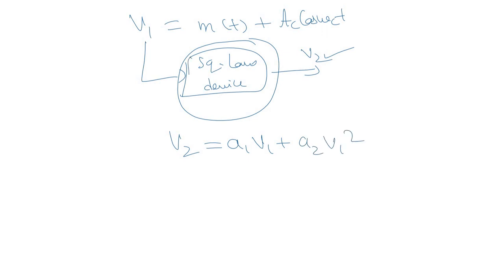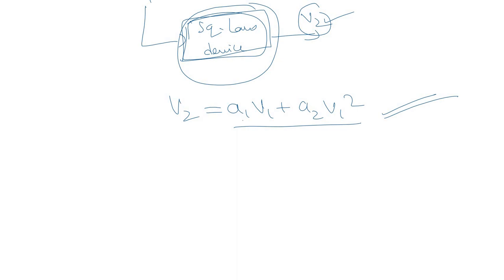So the output of the square law device V2 is equal to A1 times V1 plus A2 times V1 square, where A1 and A2 are any scalars. Okay, we design a circuit such that we get this kind of a relationship. Now let us see how this relationship or this step helps us in generating the desired signal.